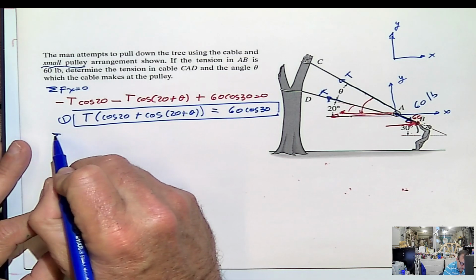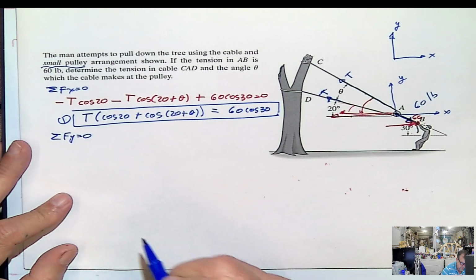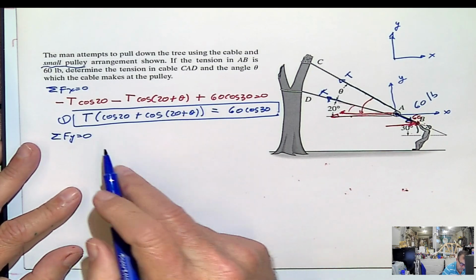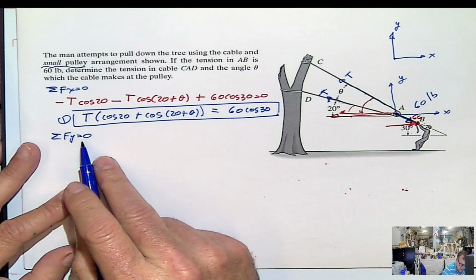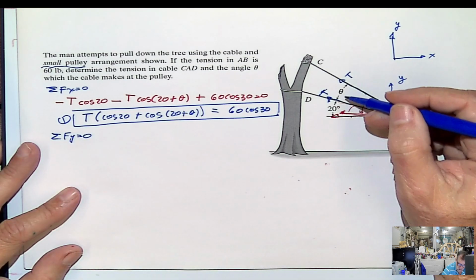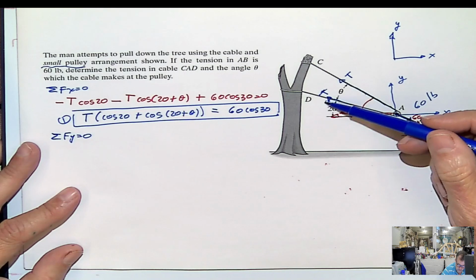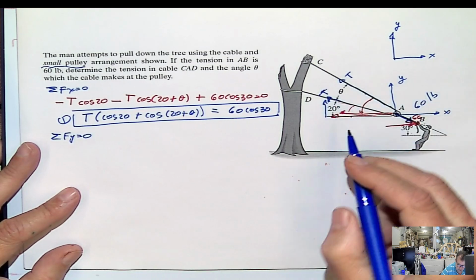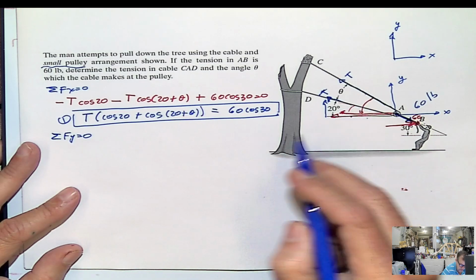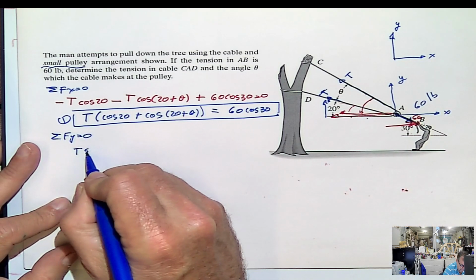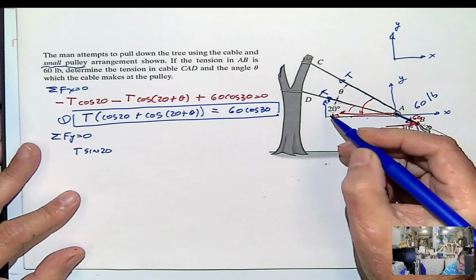Now we're going to do summation of forces in Y equals 0. So if I say summation of forces in Y equals 0, then what are we getting here? The first T, this one, the vertical component, is going to be T sine 20, positive because it's pointing up.